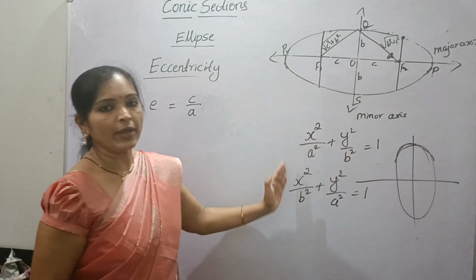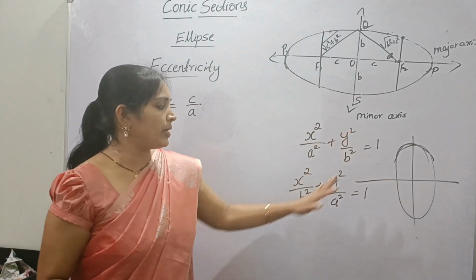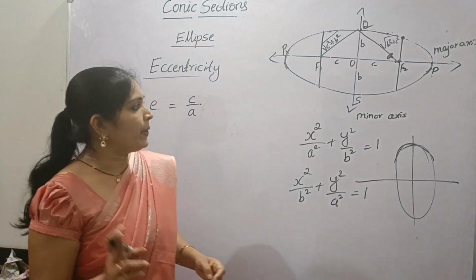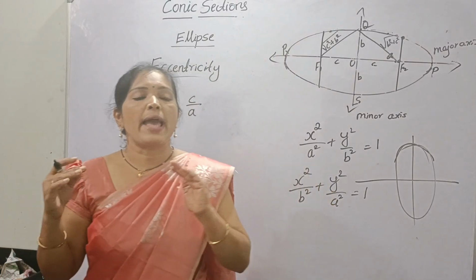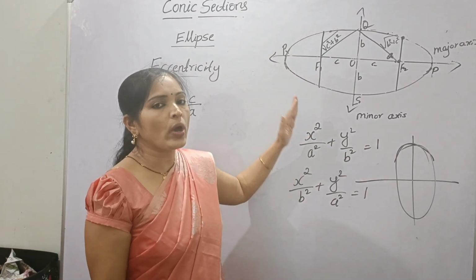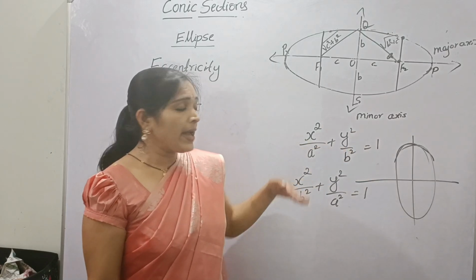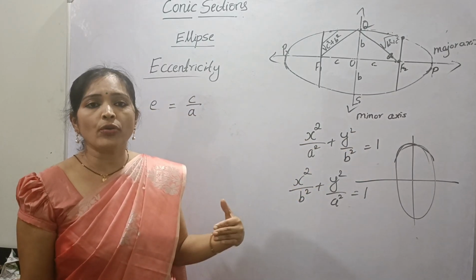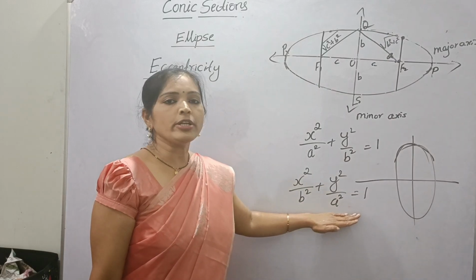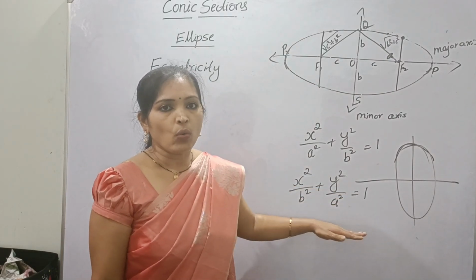It is just replacing. So remember, if the major axis is along the x-axis, the equation is x square by a square plus y square by b square is equal to 1, and if the major axis is along the y-axis, the equation is x square by b square plus y square by a square is equal to 1.